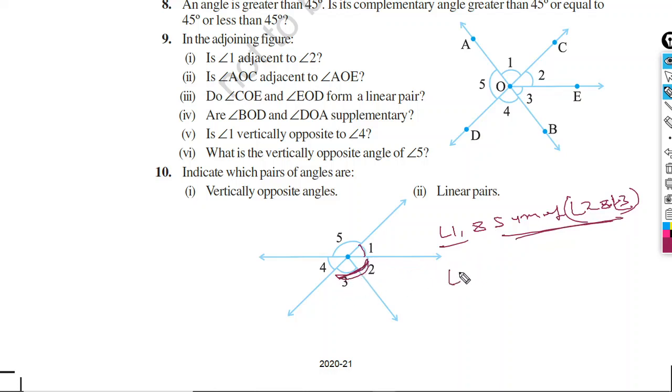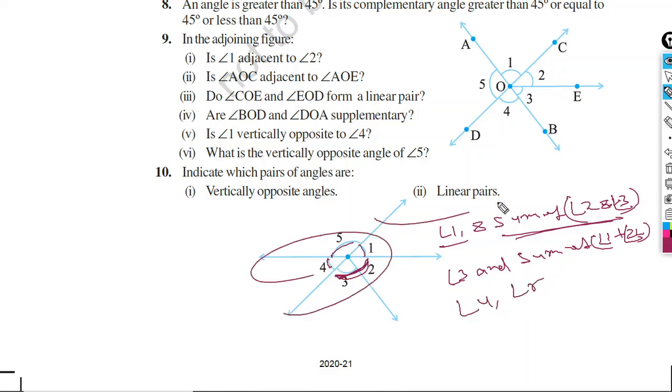Similarly, you can write angle 3 and the sum of angle 1 and angle 2. Similarly, you can write angle 4 and angle 5. They are the linear pair angles.